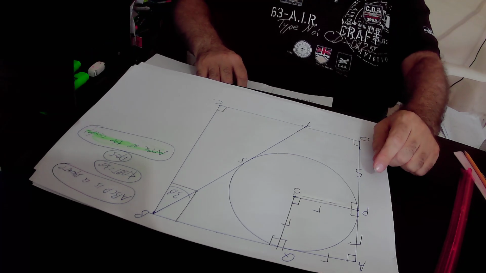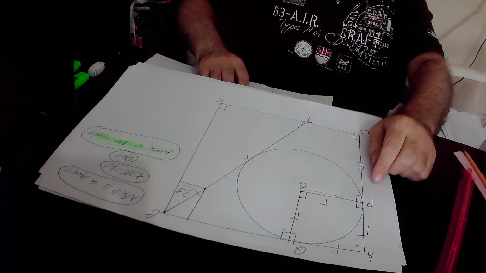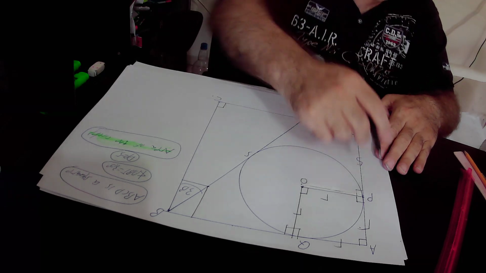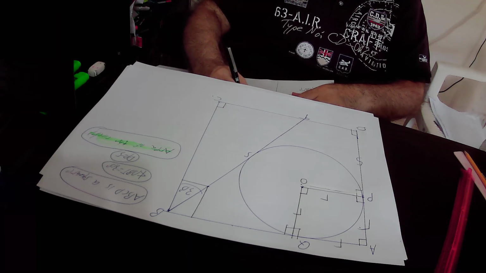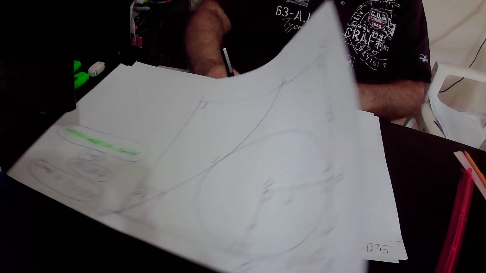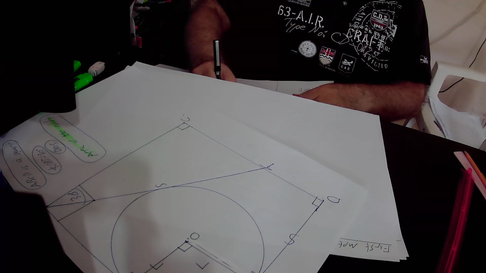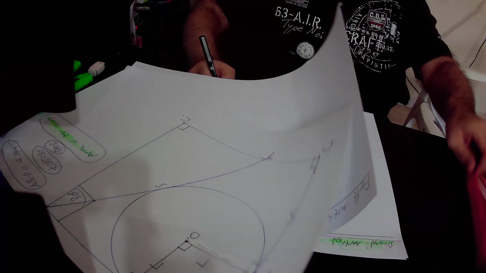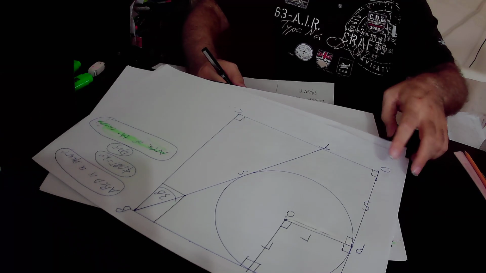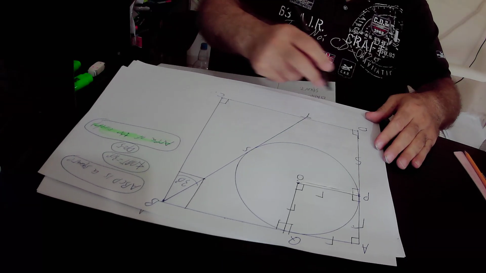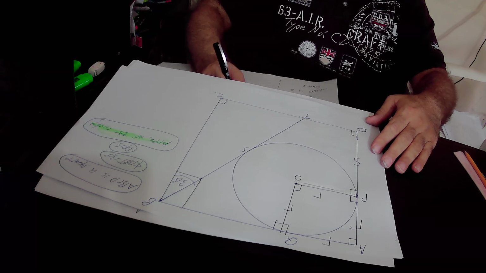Okay. We also know that all the sides of square ABCD are equal to each other. That is to say, in square ABCD, side AD equals side AB.